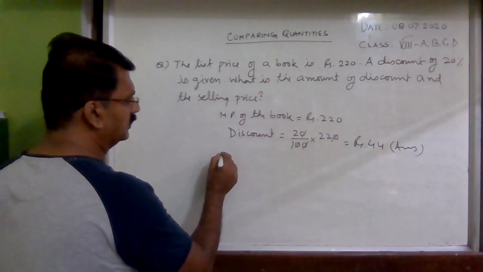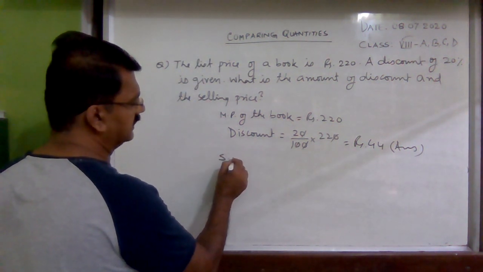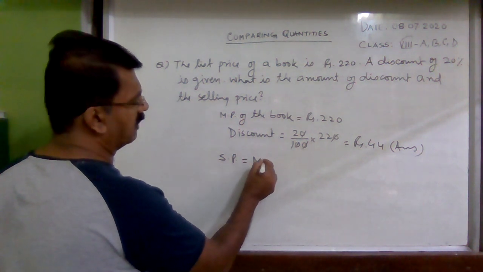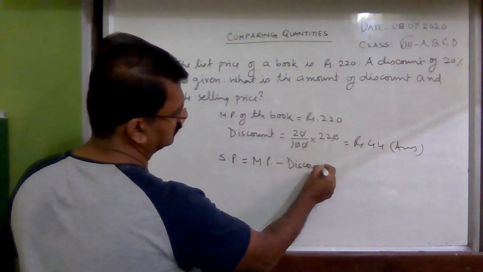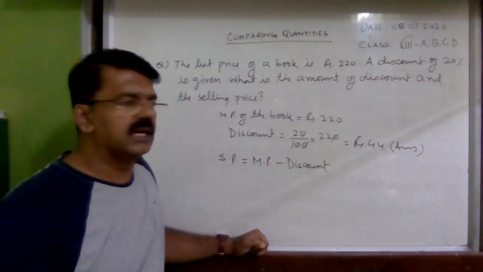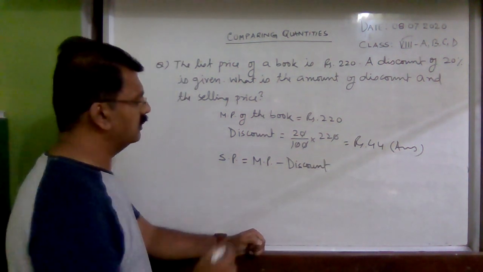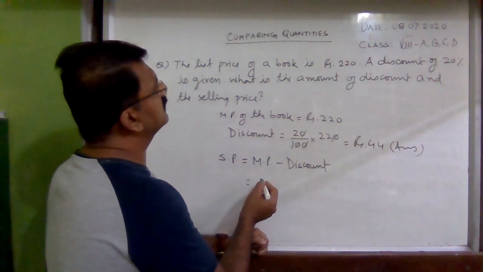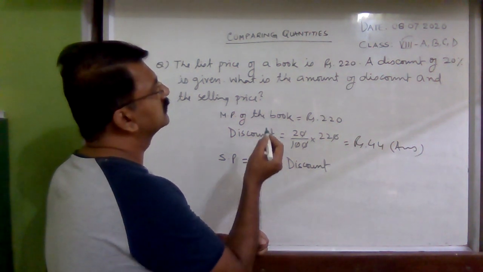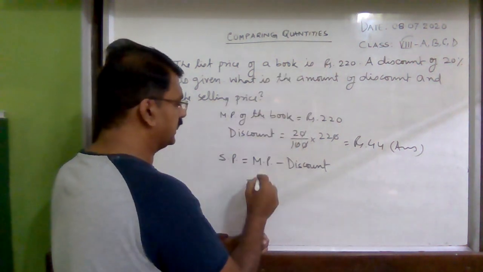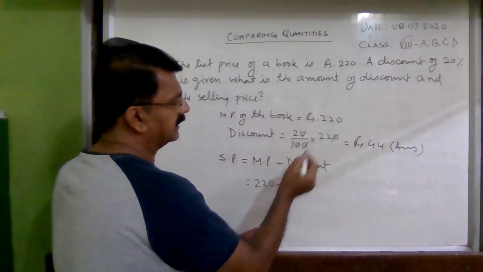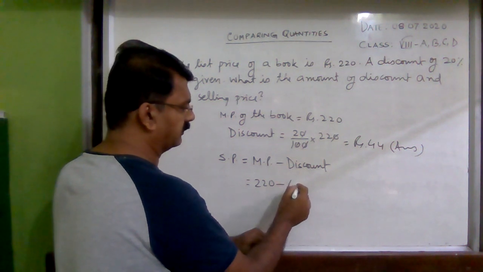And I told you that selling price is equal to marked price minus discount. Now the marked price is 220 and the discount we have calculated is 44.